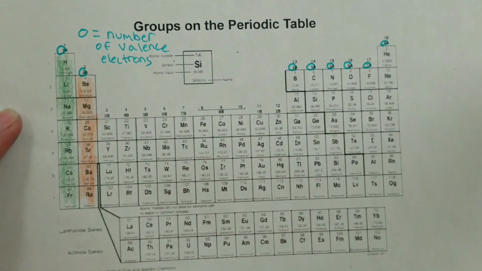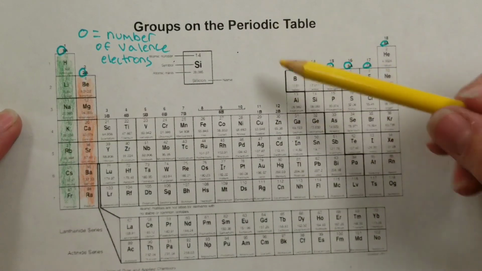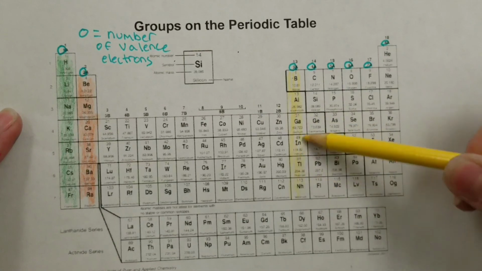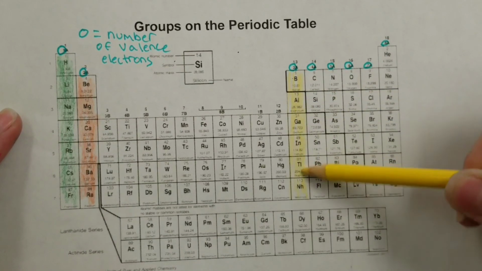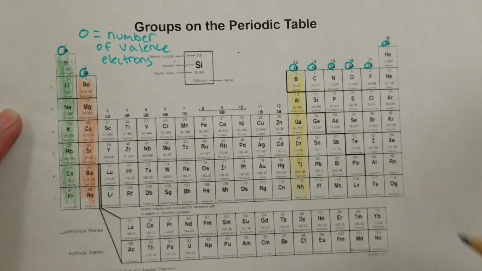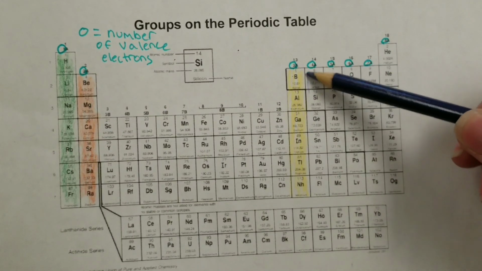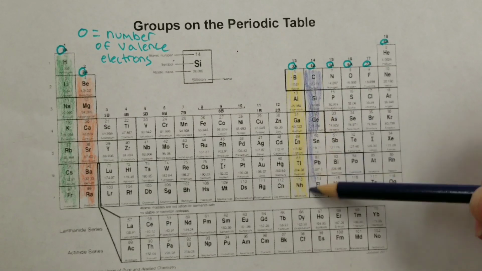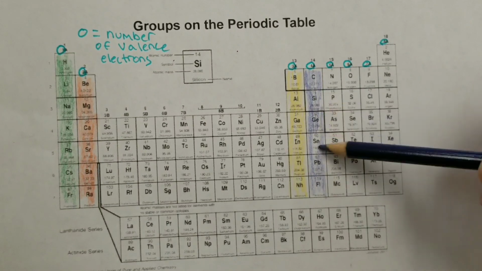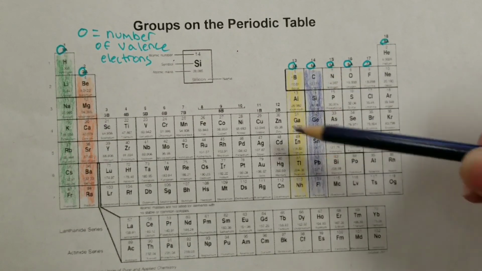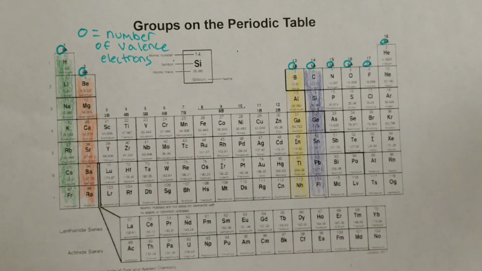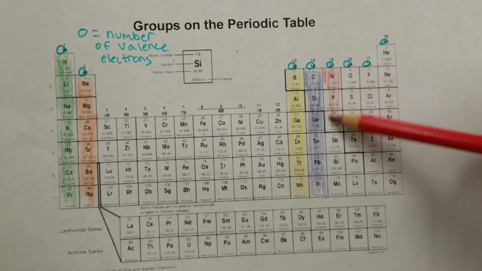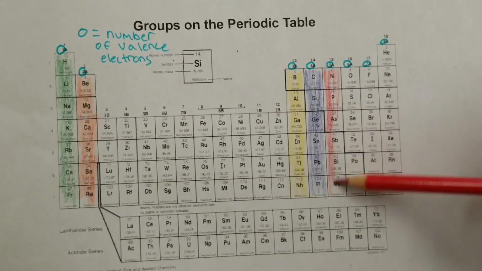I'm going to skip my transition metals because, again, in 8th grade science, we don't care too much about them other than the fact that we know they're metals and we know that they're in their own groups. And again, I don't know how to speed up time to make this thing go faster, so you just get to watch me color while you're coloring yourself. And again, y'all, Miss Kennedy's not a perfectionist, so if my coloring is making you cringe right now, I apologize. But at the same time, I'm not going to try to take my time.